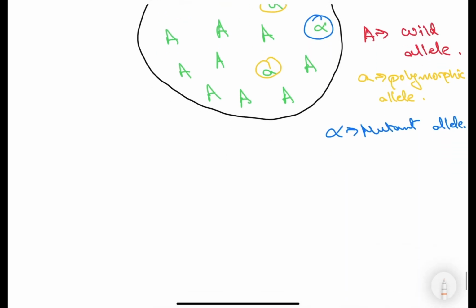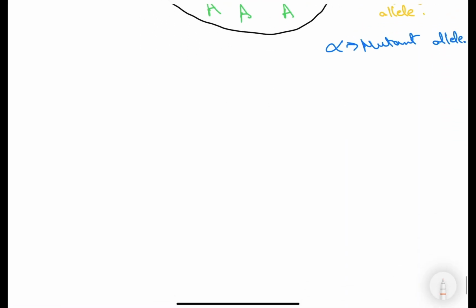How an allele is expressed in the morphology of an organism, alleles can be classified on the basis of that also.